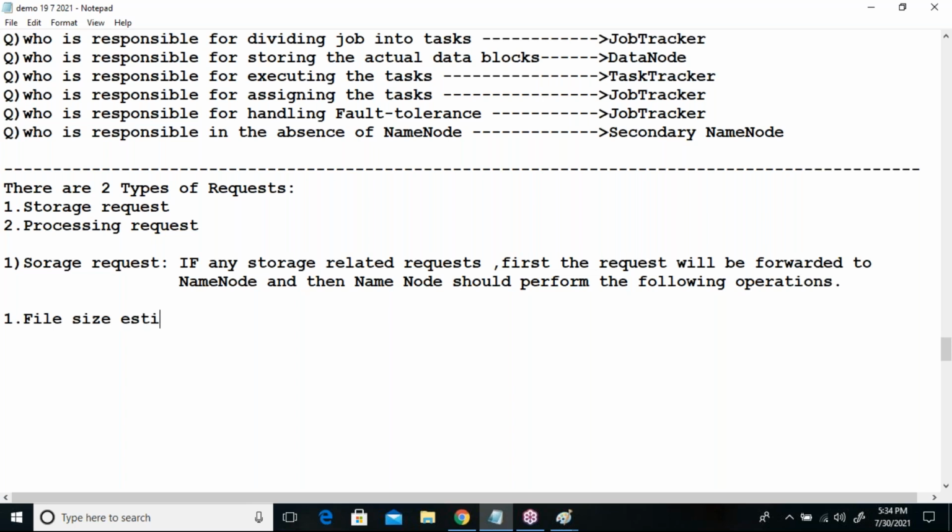File size estimation and blocks estimation means, for example, f1.txt (192 MB), assume.